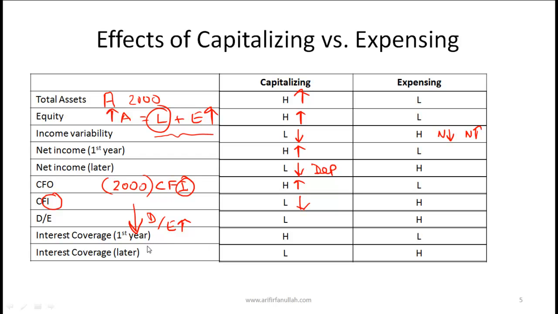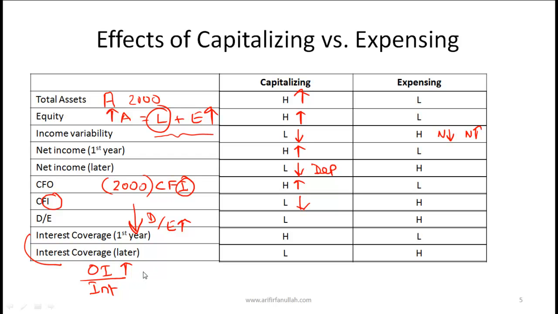The interest coverage in the first year will be higher. Remember, interest coverage refers to our operating income or EBIT divided by the amount of interest that needs to be paid. Now, in the first year, the capitalizing firm will have a higher operating income, because the entire cost that you spent on the equipment is being spread out.